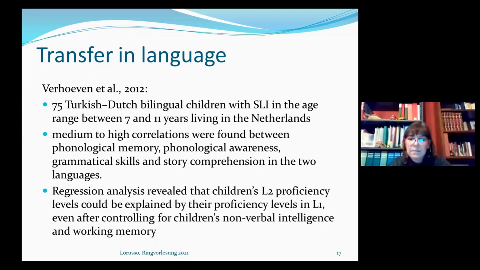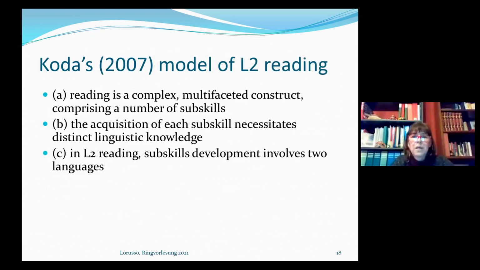And in fact, children's L2 proficiency levels could be explained by their proficiency levels in L1, also at the statistical level, even after controlling for the effect of other cognitive factors and confounders.